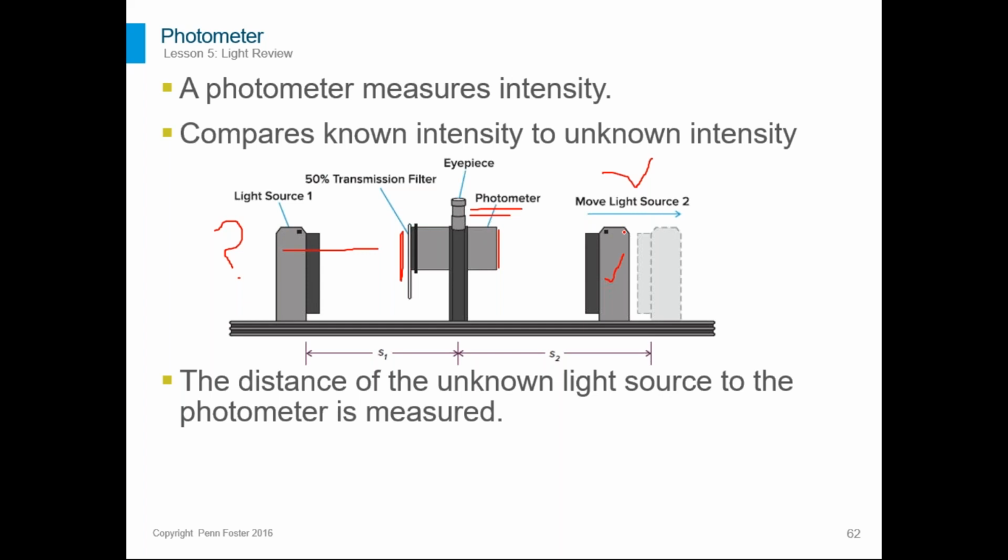And what they'll do then is they'll say, okay, we know the intensity, and we figured out the distance, and that'll help us find the illuminance over here. And then we could work backwards and say on this side, to find the light source, we know the illuminance, and we could figure out the intensity.